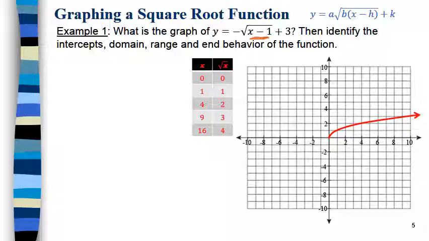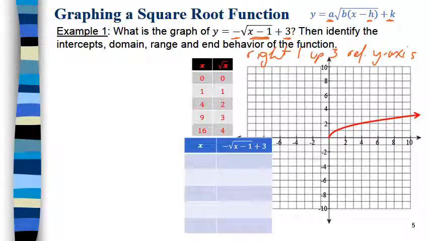So, for example, here we know that the square root of x minus 1 means h here is 1, and k is 3, and a is negative 1. And that means that our parent function has been translated right 1 unit, up 3 units, and reflected across the x-axis, or y has been made negative.